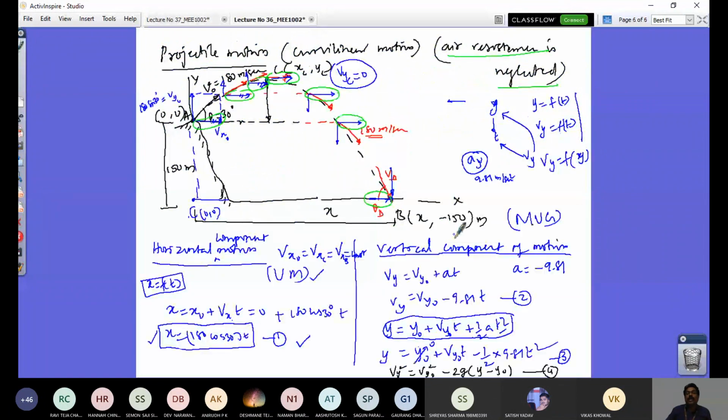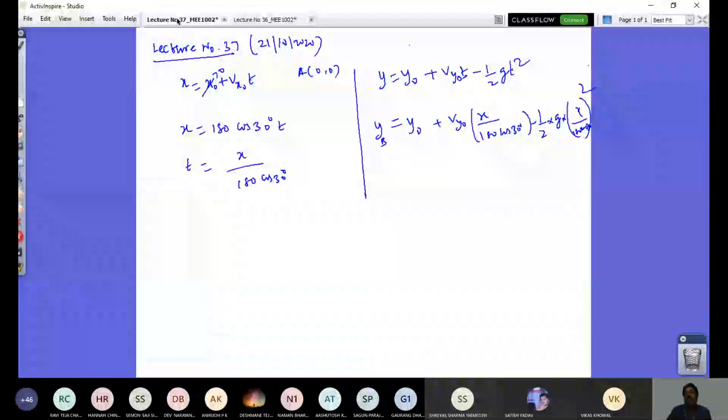So if I substitute here minus 150, and y naught is point A, this is 0, plus Vy naught. Vy naught is 180 sine 30 times x by 180 cos 30, minus half into 9.81 into x squared by 180 cos 30 whole square.